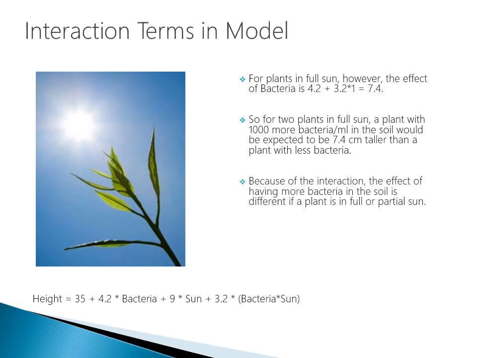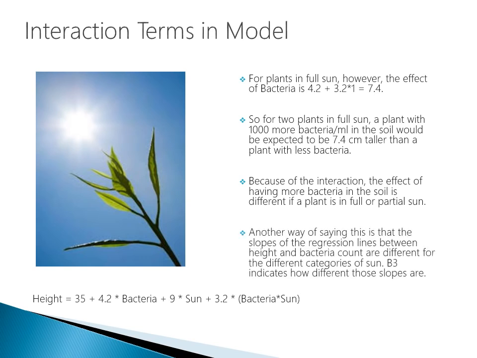Because of this interaction, the effect of having more bacteria in the soil is different if a plant is in full or partial sun, and we see that through the math. Another way of saying this is that the slopes of the regression lines between height and bacteria count are different for different categories of the sun. Beta 3 indicates how different these slopes really are.